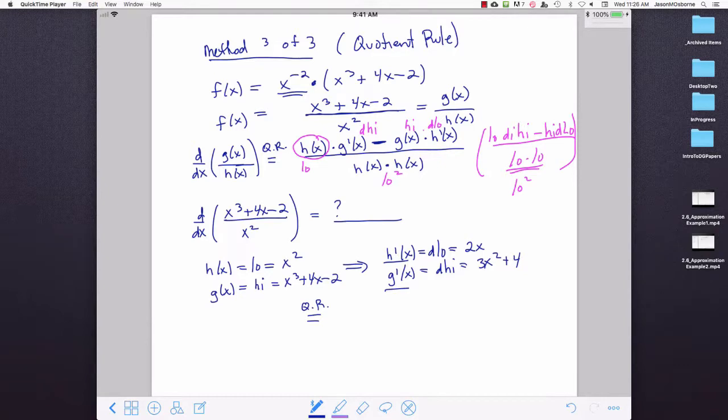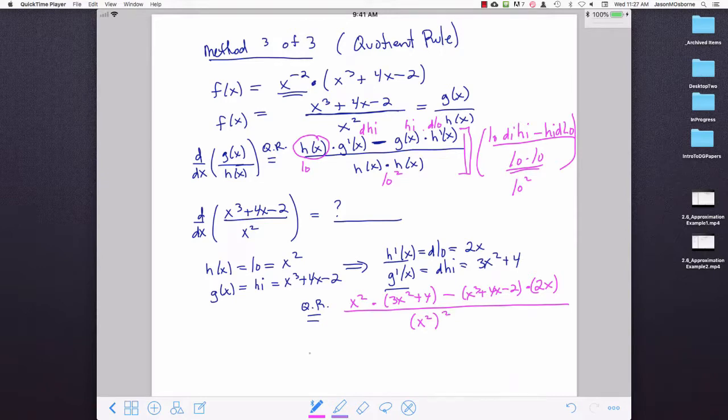So the quotient rule says that I need to compute the lower function, x squared, times the derivative of the upper function, g prime, so that's 3x squared plus 4, minus the higher function, x cubed plus 4x minus 2, times the derivative of the lower function, 2x. I'm just following this formula and plugging in all the steps. And then I need to compute the lower function squared, so that's x squared squared.